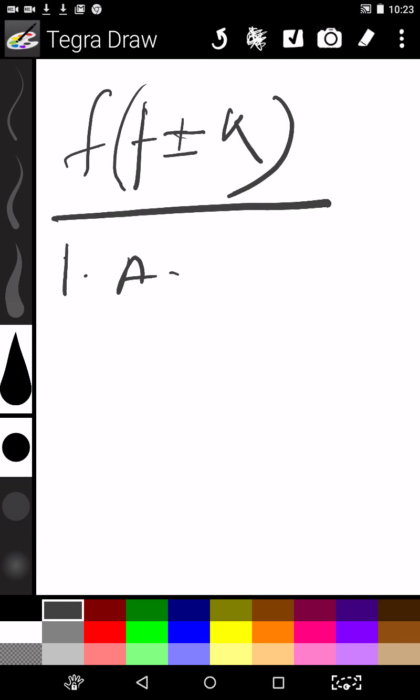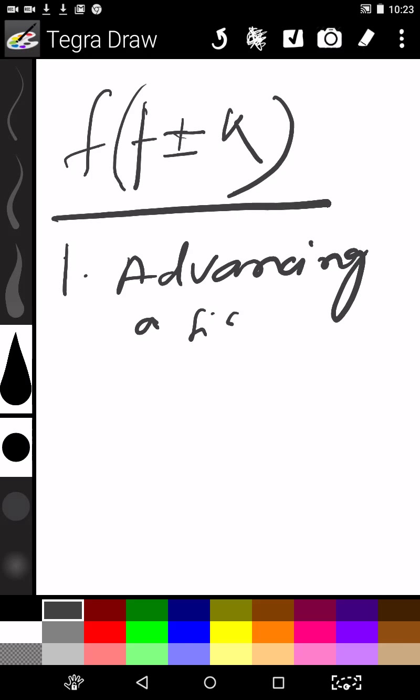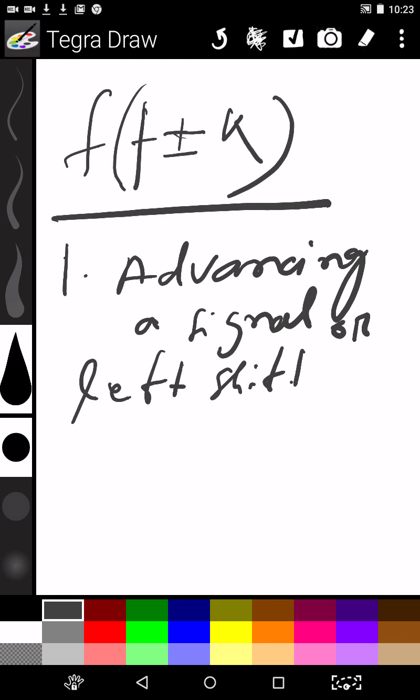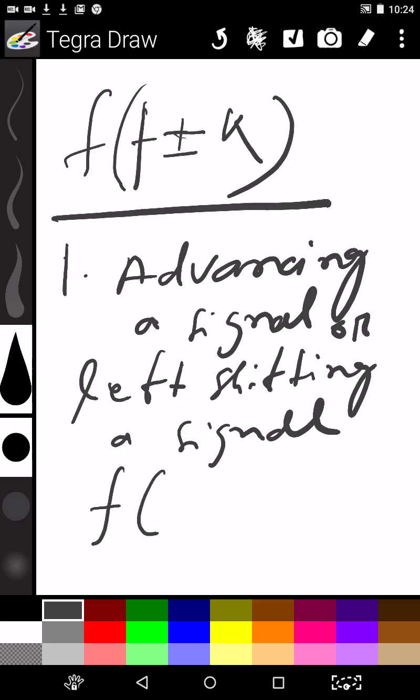First, advancing a signal. In this case, f of t plus k represents the left shift of a signal. That means the signal is advanced.